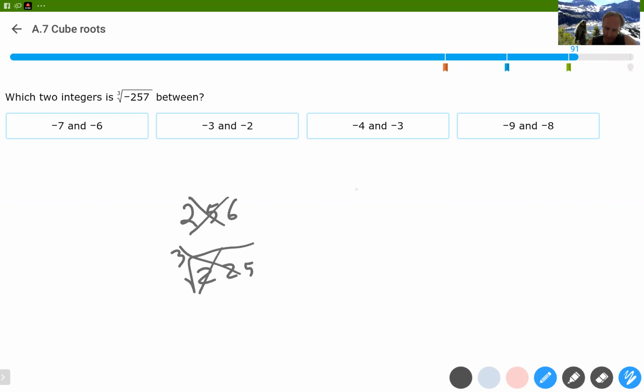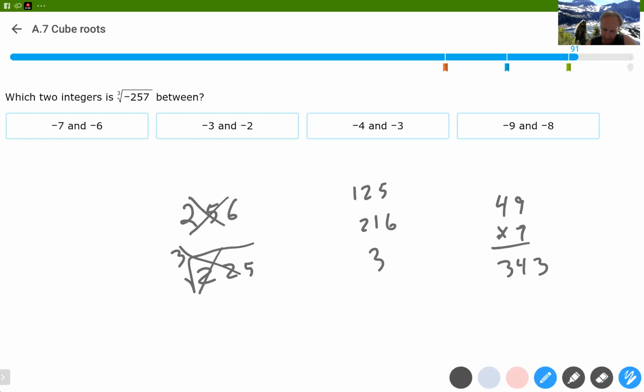We've got 125, 216, and then that's 6. 7 cubed is 49 times 7 is, that's 350 minus 7, which is 343.